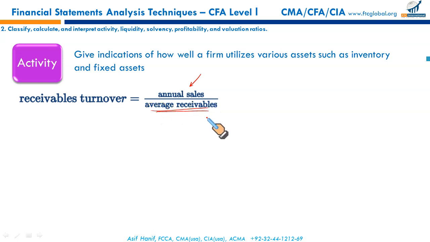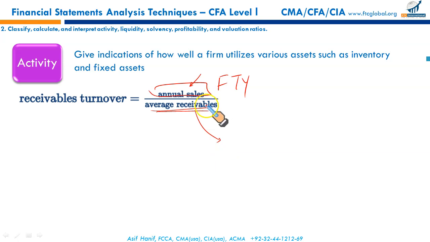Remember a very fine point. Whenever you're linking an income statement item with a balance sheet item, the income statement covers a certain period, for the year, for the quarter, for a 6 months period, but the receivable balance is on a particular date, on the balance sheet date.